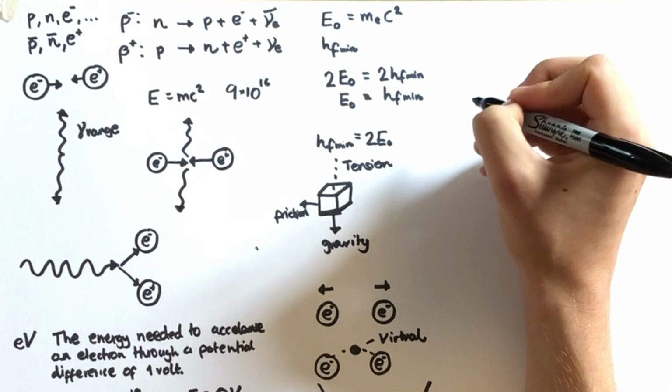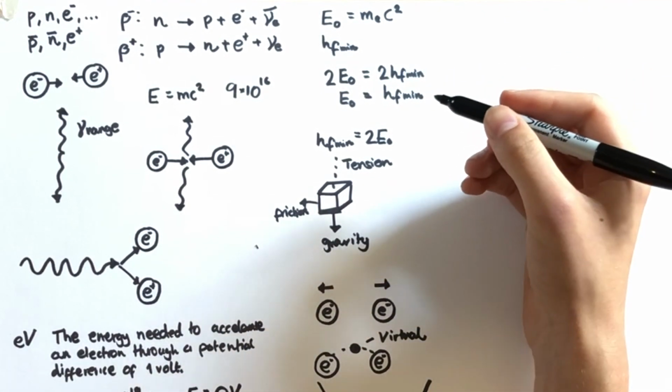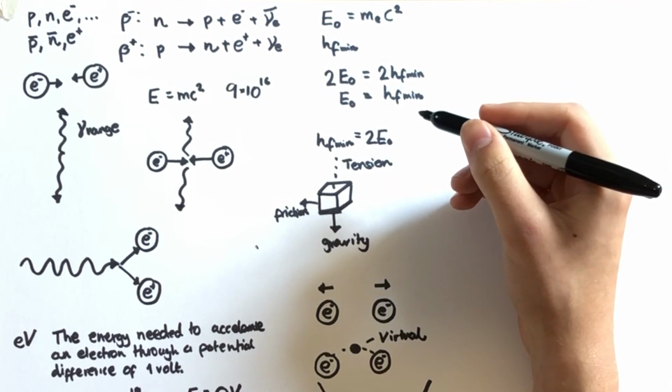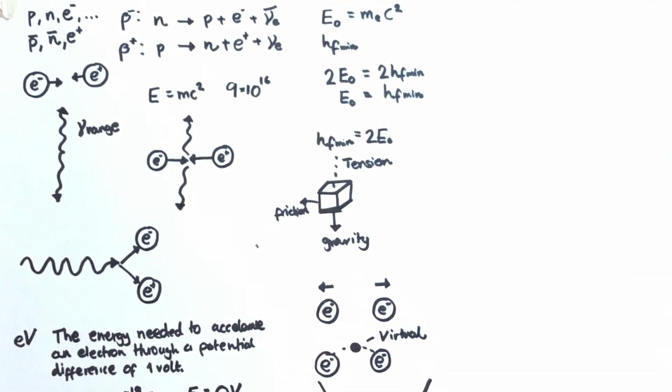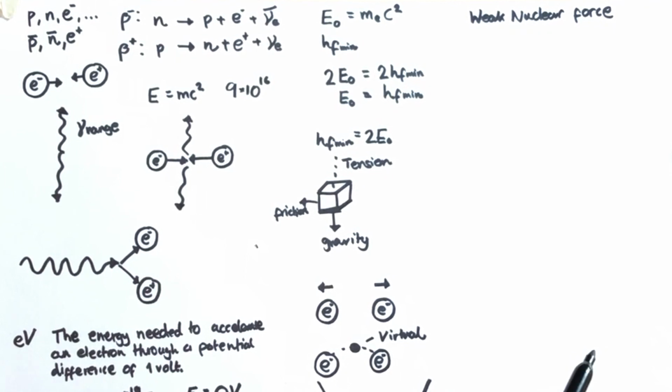But what actually causes, in beta minus decay, a neutron to transform into a proton? It can't be the electromagnetic force, since the neutron is uncharged, so there has to be another force at work. Now we call this force the weak nuclear force.